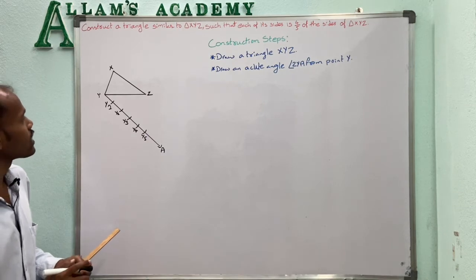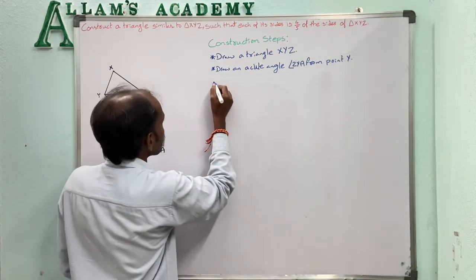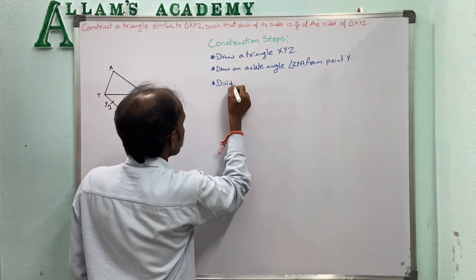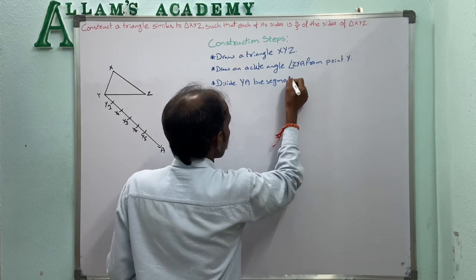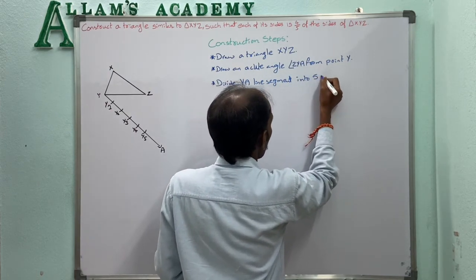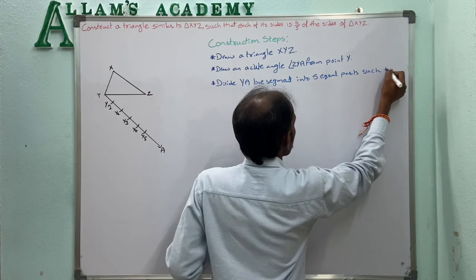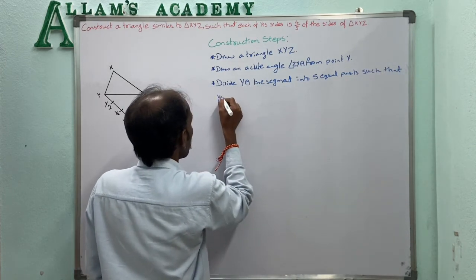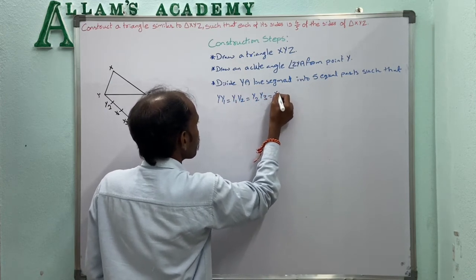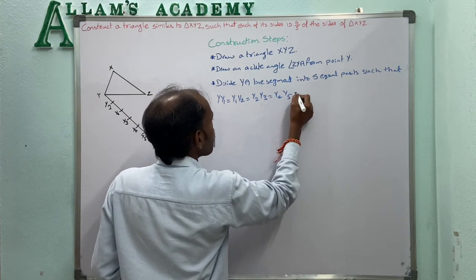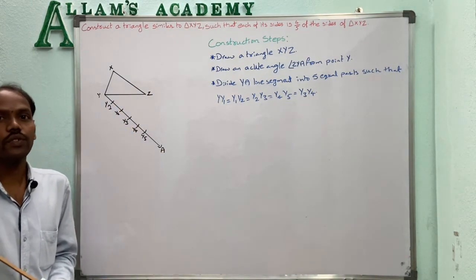Now the YA line segment is divided into 5 equal parts, such that y1y2 equals y2y3 equals y3y4 equals y4y5.